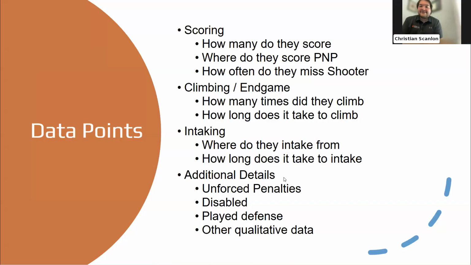All right. So the next thing we're going to talk about is the data points, which is basically what information are we collecting? Some examples up here again: scoring, climbing, intaking, and additional details. And a really important part of this is going to be identifying your team's resources. How many people do we have scouting?